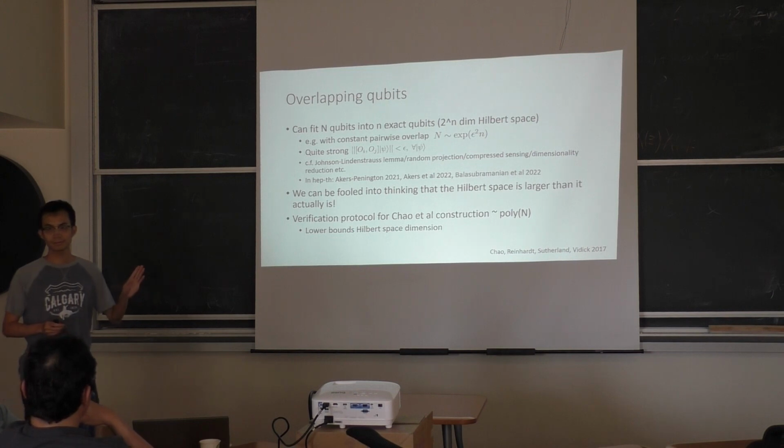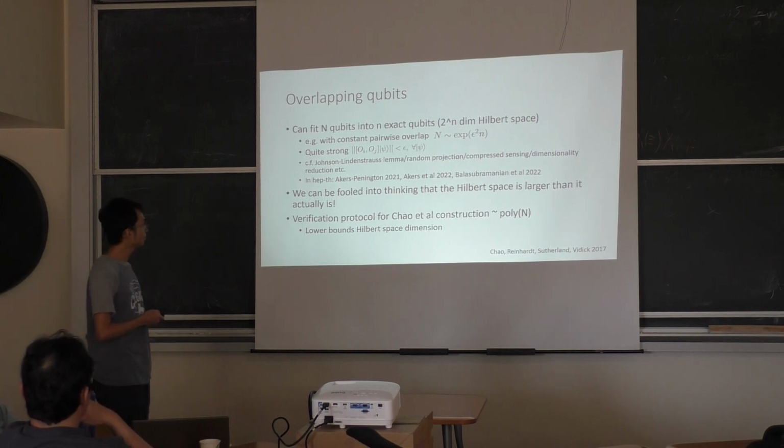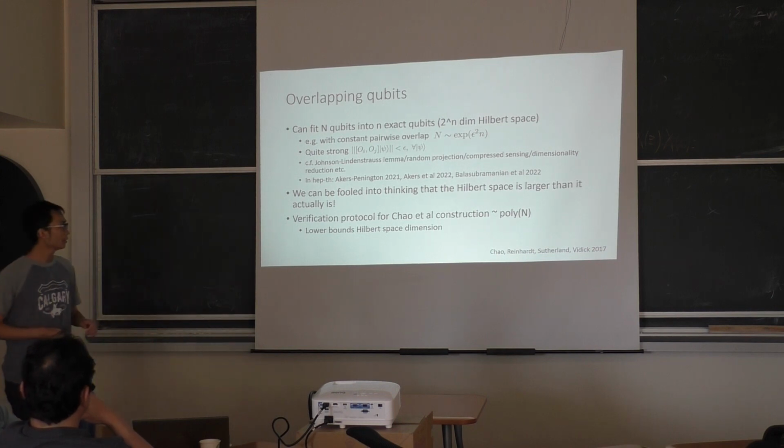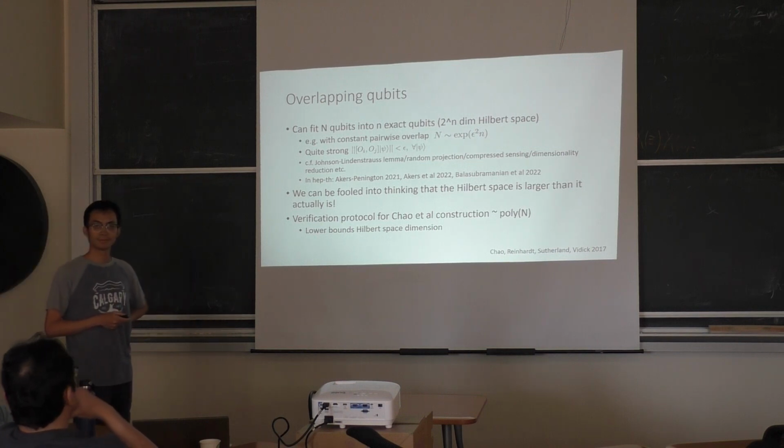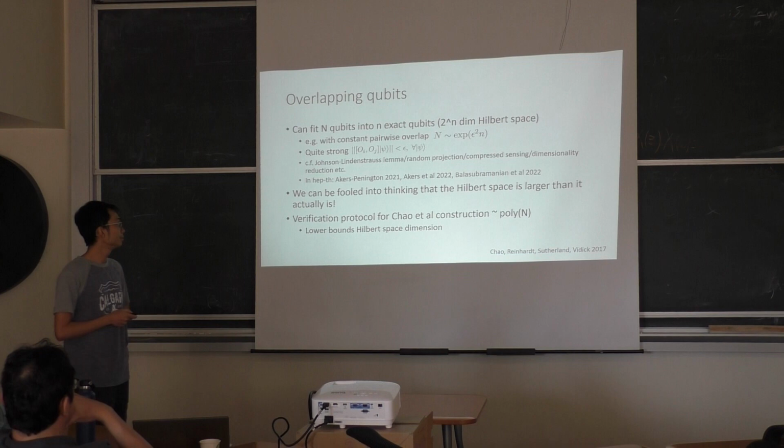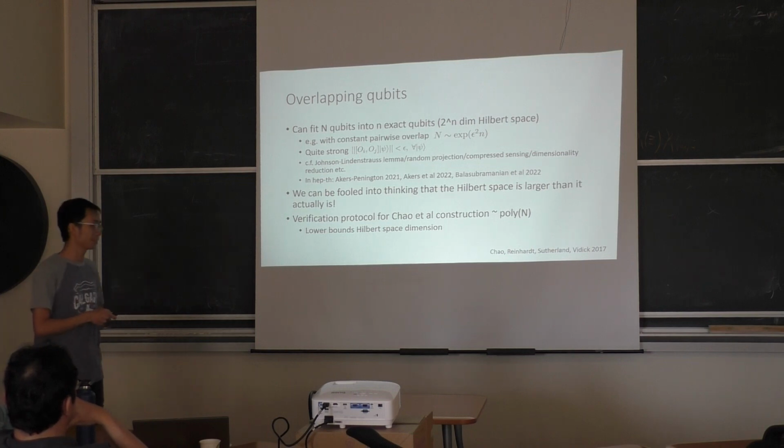Wait, you want this to be true for all psi. You want the O's to be independent of psi here. This is true for this construction. But if you're fixing that for all psi, then you're fixing the norm of OIOJ. Well, yeah, you're fixing the norm of OIOJ. Yeah. In this particular construction.